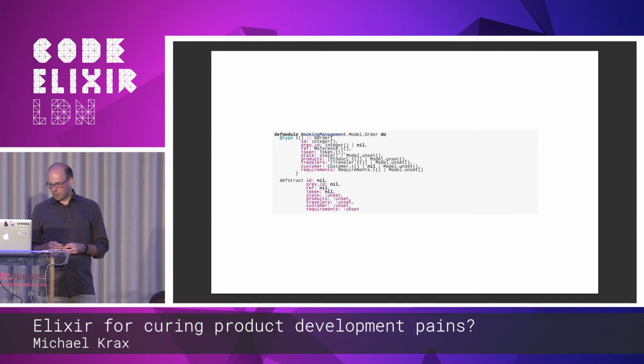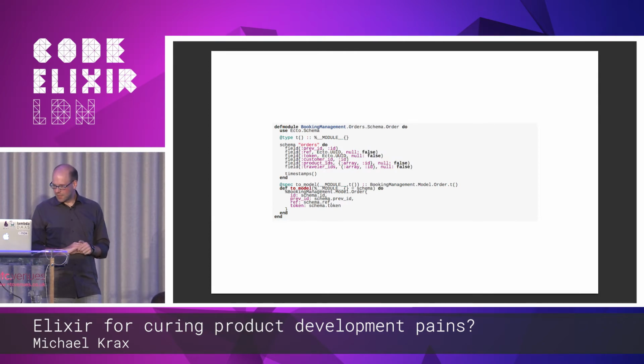And that looks like we define a core model, which is an order. And it's not so important what is in that in detail now. The more important part is it's a model. And we define a database schema order, which is an Ecto, basically, or just using Ecto for that on the database side.